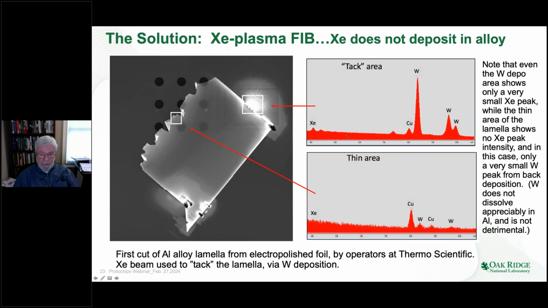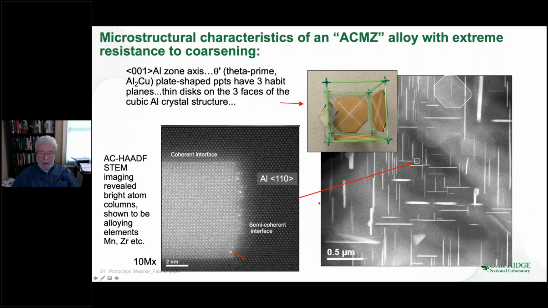We have a program that developed a new alloy, the ACMZ, aluminum copper manganese zirconium alloy with this extreme resistance to coarsening, and it's due to these precipitates, theta prime precipitates that are on 3 habits of the cubic aluminum structure, like shown in my little model here.